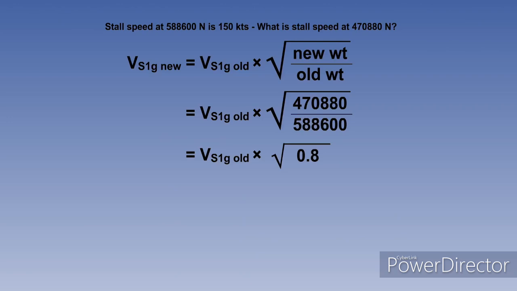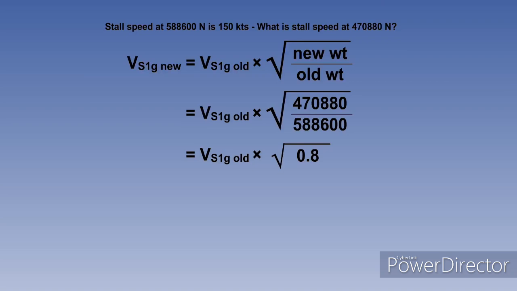For example, if an aircraft stalls at 150 knots at a weight of 588,600 newtons, what is the 1g stalling speed at 470,880 newtons?